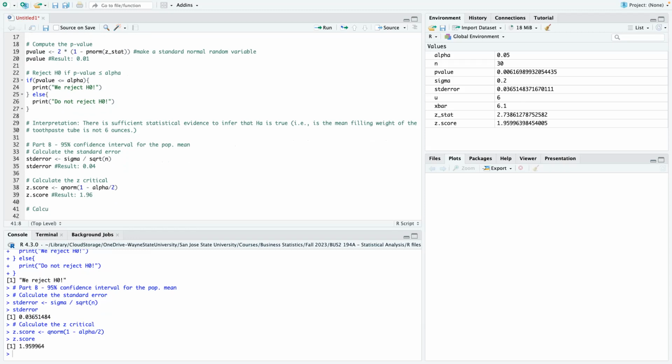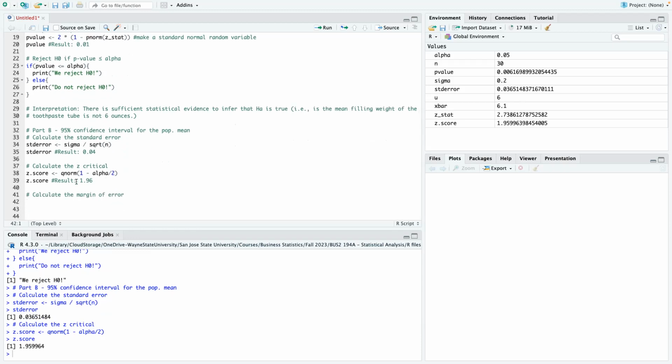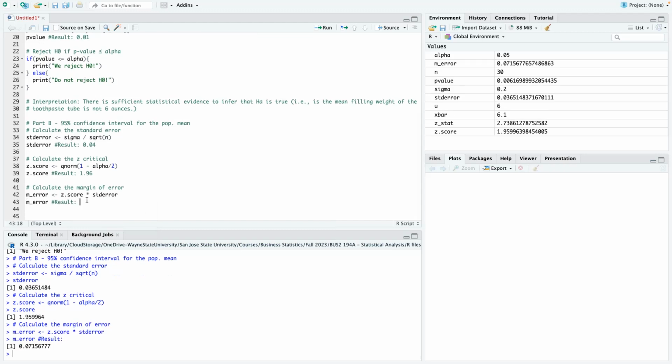And now we calculate the margin of error, which is the Z-score multiplied by the standard error. So our margin of error is 0.07.